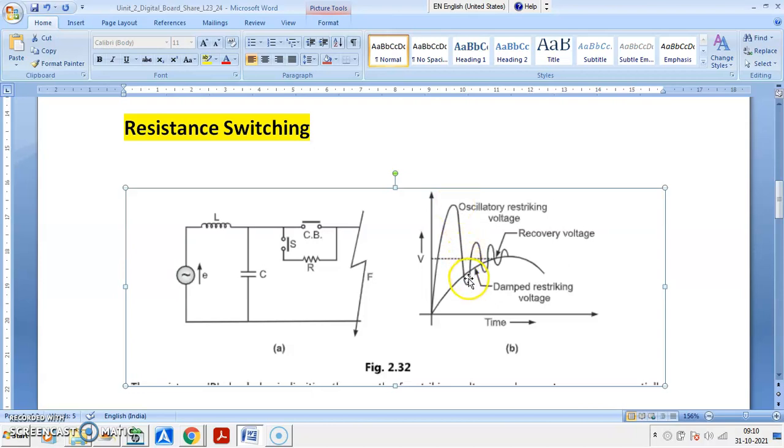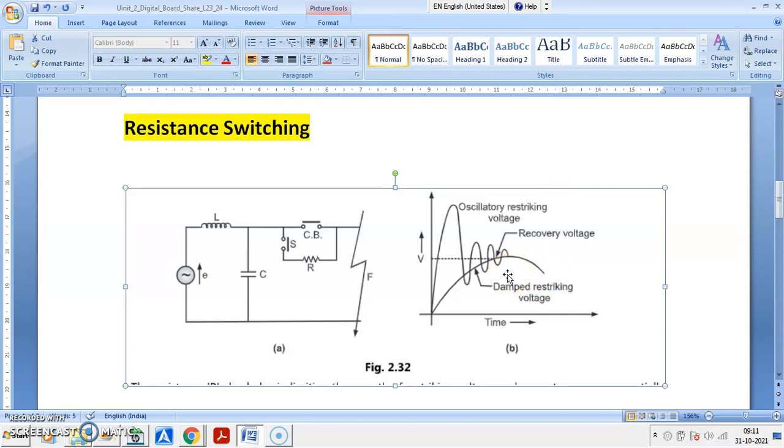Then it gets damped because of resistance inserted, because of arc getting deionized. So damping of restriking voltage will be there, and the restriking voltage will come to the recovery voltage level and arc gets extinguished.